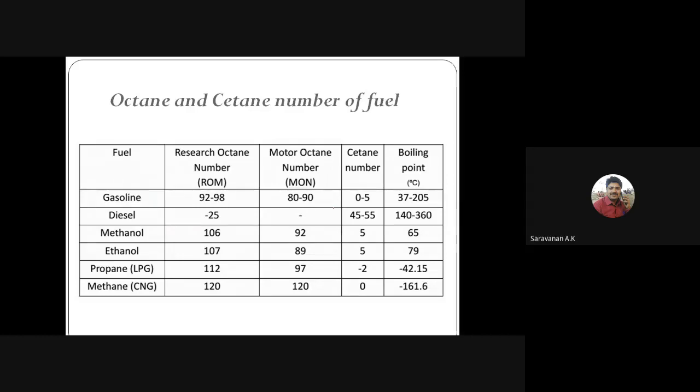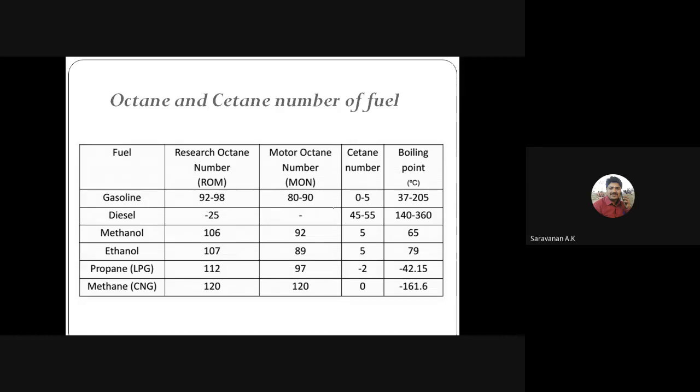Okay, right. So knock occurs when the unburned gases ahead of the flame front, that is the end gases, ignite spontaneously, causing a sudden rise in the temperature and pressure inside the cylinder, accompanied by a characteristic pinging sound, right? Most of you have heard this sound in two wheelers also.